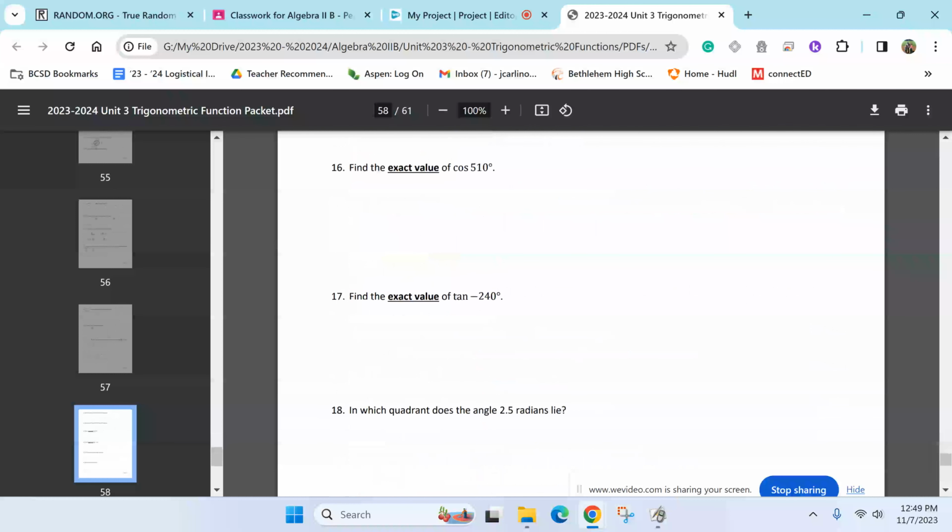Yes. Okay. There's not much to them anymore because you guys have the calculator. I would just type that into your calculator. Cosine. Now, I underlined and bolded exact value because remember, exact value, I want fractions and radicals, which it will give you, but it'll also give you a decimal. I don't want the decimal, just cosine 510, enter, and it'll plug it in. Okay, I did not, sorry to break that news, I did not put any of those on the test because you can just punch a calculator. That doesn't show me too much.